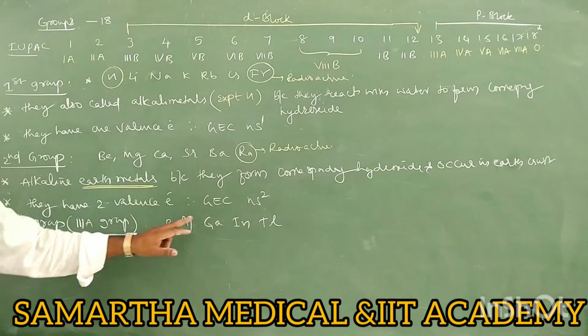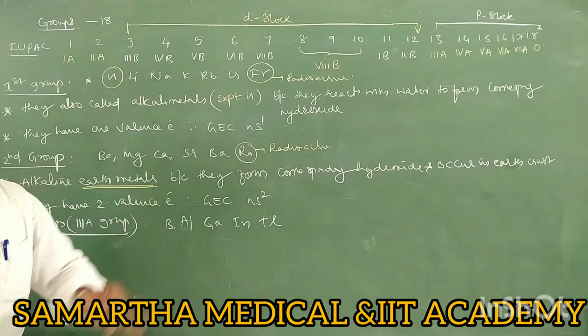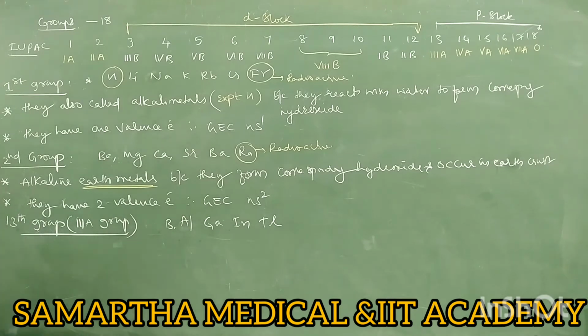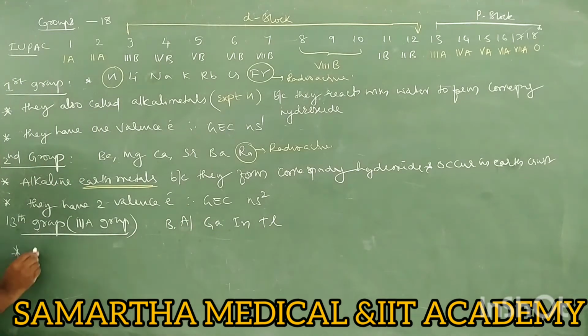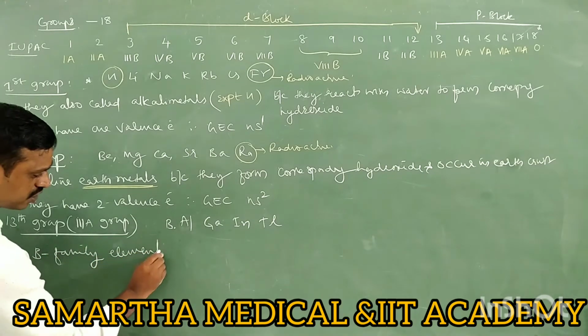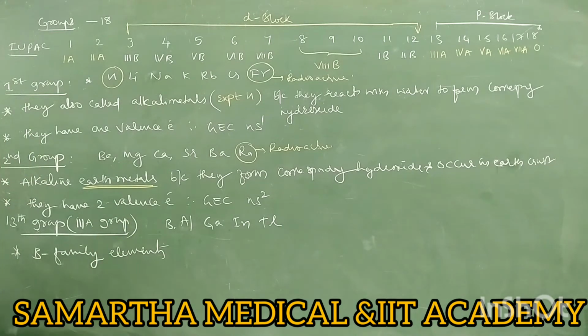Boron, aluminium, gallium, indium, thallium. Correct. So these are the 13th group elements, and they are also called the boron family. Why? Because boron is the first element, like a family head. Therefore they are also called boron family elements.